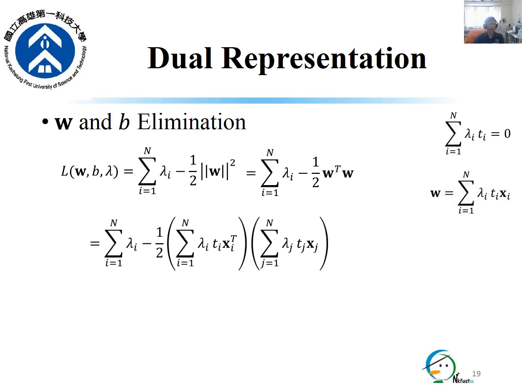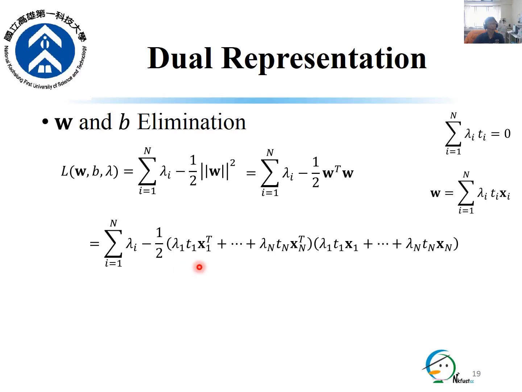Then, by expanding sum operator, we have lambda 1 T1 X1 transpose plus lambda 2 T2 X2 transpose to lambda n Tn Xn transpose times lambda 1 T1 X1 plus lambda 2 T2 X2 to lambda n Tn Xn. After that, we distribute each term in the left equation to those in the right equation, and finally have this equation.